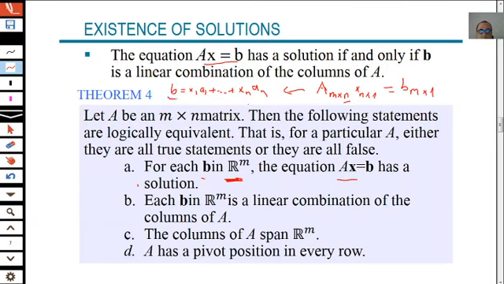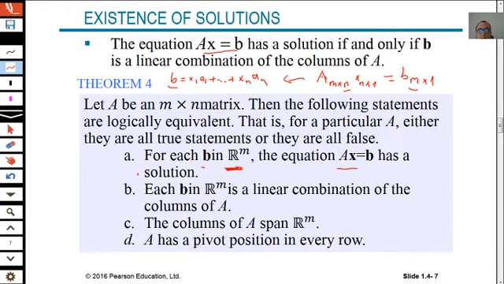Therefore we will have m components for b, and it is valid for every vector in Rm. Namely, when we take any arbitrary vector, let's say (1, 0, ..., -7), this is any arbitrary vector in Rm. We have m entries, and you can write any numbers for the entries.